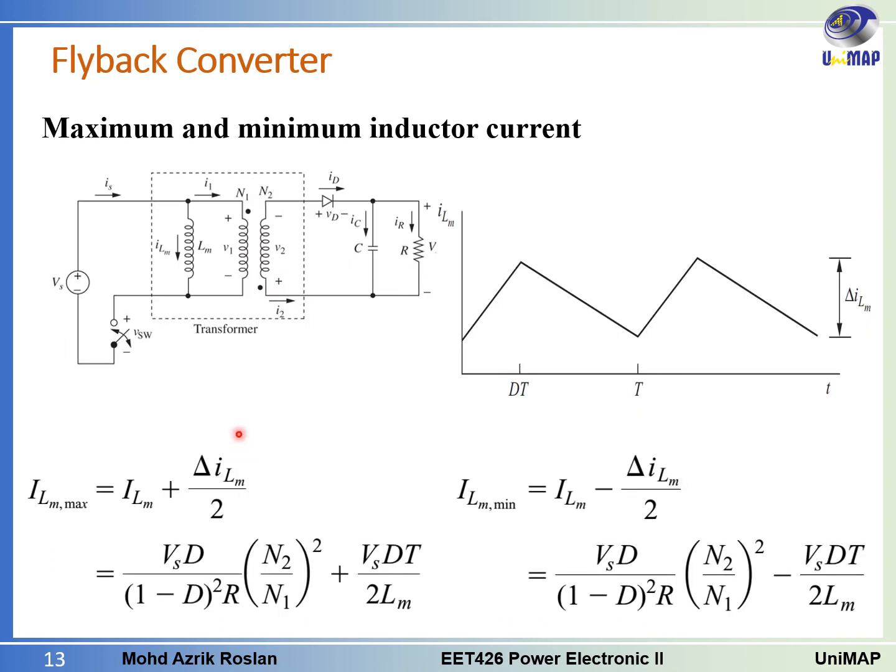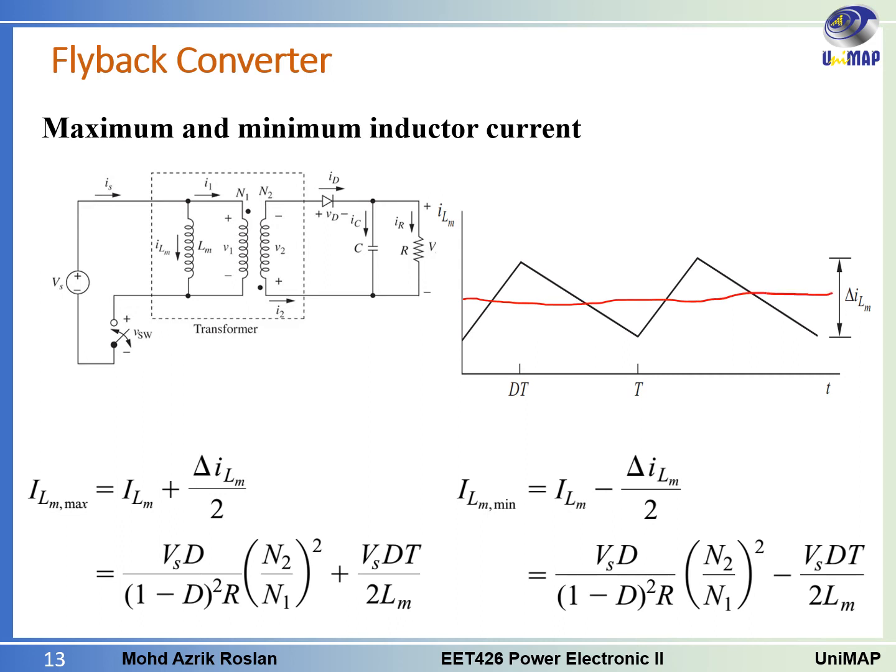From the previous slide we already found the equation for ILM. If you have the inductor current waveform here, the ILM that you calculated in the previous equation is the average inductor current, the straight line.